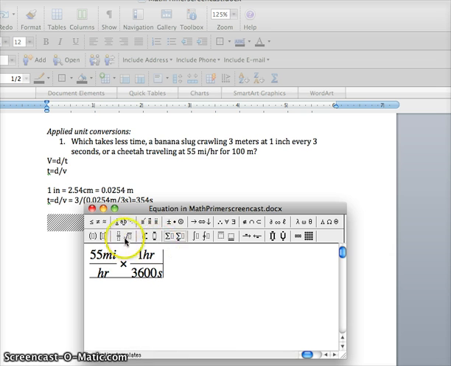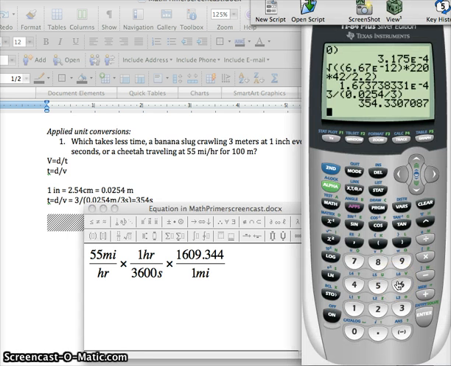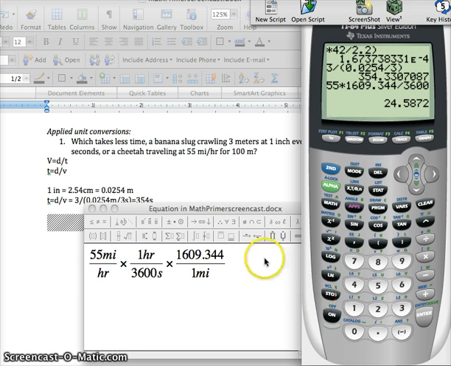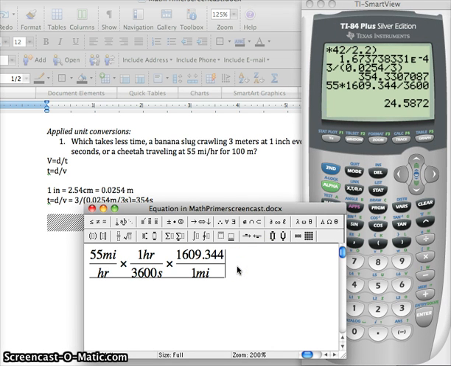And the somewhat more difficult one, but still not too difficult, is 1609.344 meters in a mile. So 1 mile is 1609.344 meters. If we then get our calculator, we have 55 times 1609.344 divided by 3,600. And that gives us 24.6 meters per second.